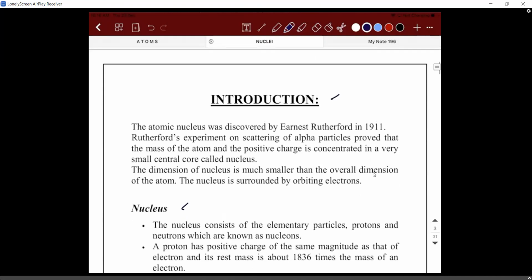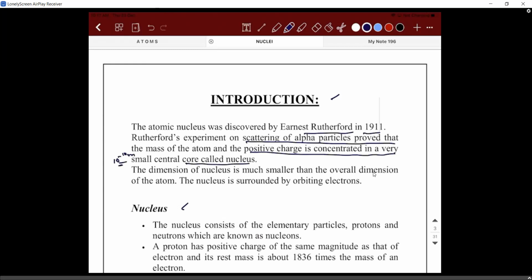So what is nuclei? Nuclei is obviously the plural of nucleus. The atomic nucleus was discovered by Ernest Rutherford in 1911. Rutherford's experiment on scattering of alpha particles proved that the mass of the atom and the positive charge is concentrated in a very small central core of approximately 10 power minus 14 meter, and that core was called the nucleus.